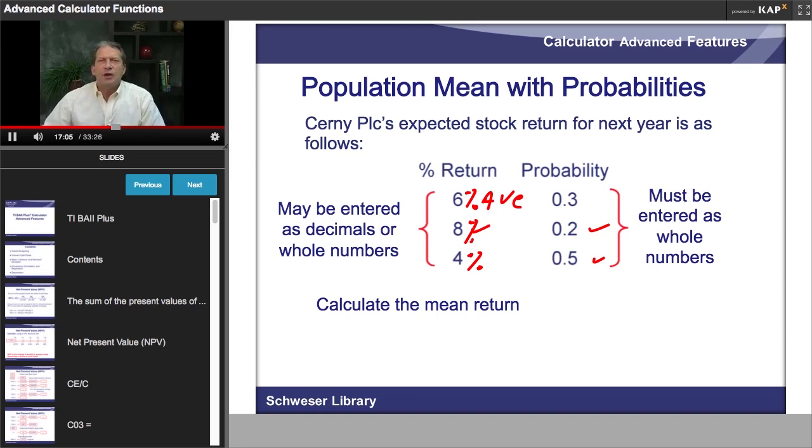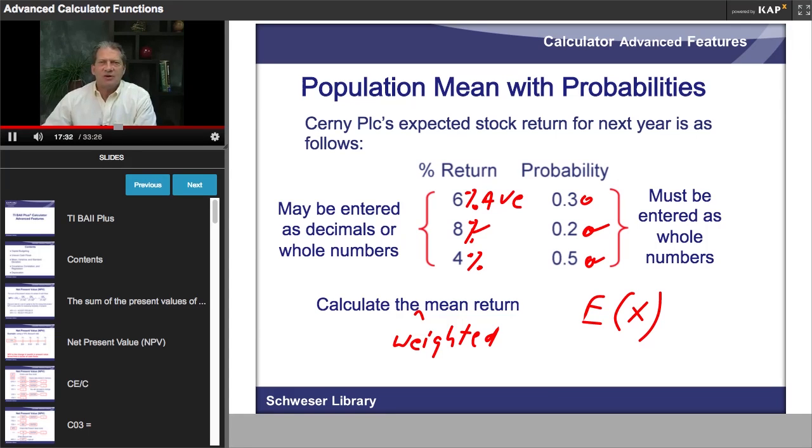So now we're going to enter these as whole numbers, right? 30%, 20%, and 50%, and calculate the mean return. Well, it's really a weighted mean return, or the other thing, it's the expectation of x, the expected value of this.